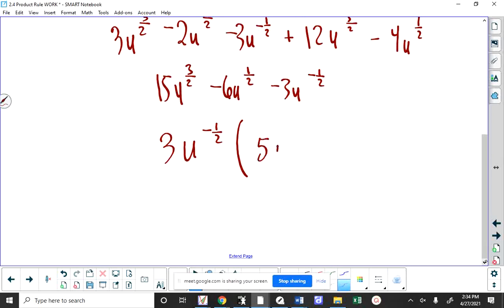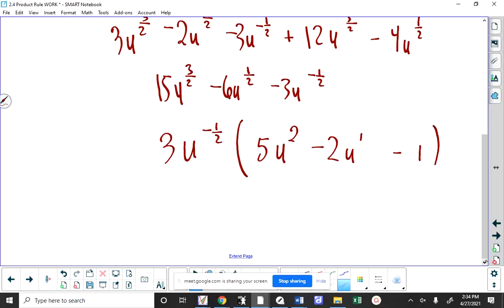This will be 5u raised to an exponent, which when added to negative a half gives you 3 halves, which I believe is 2. Minus 2u raised to an exponent, which when added to negative 3 halves gives you a half, and then minus 1.